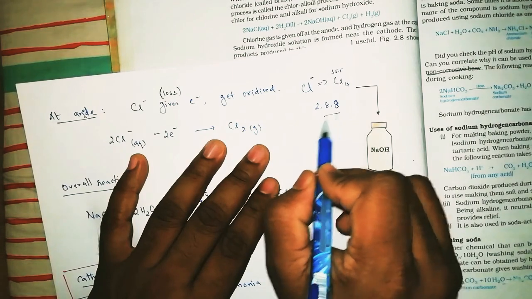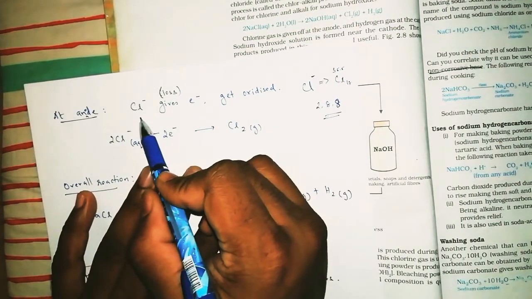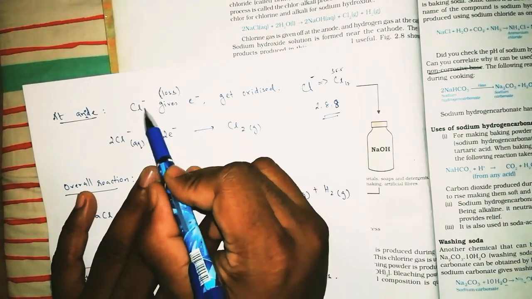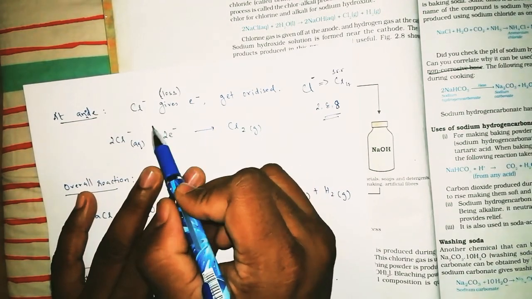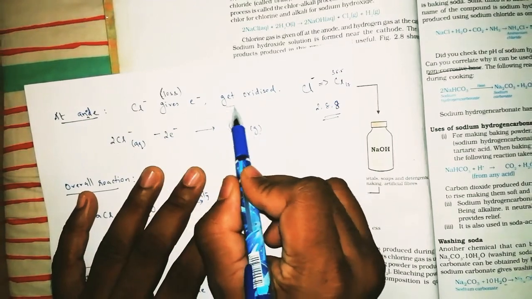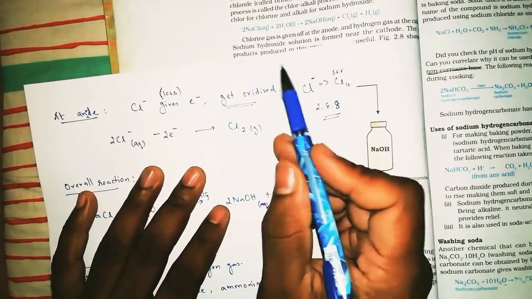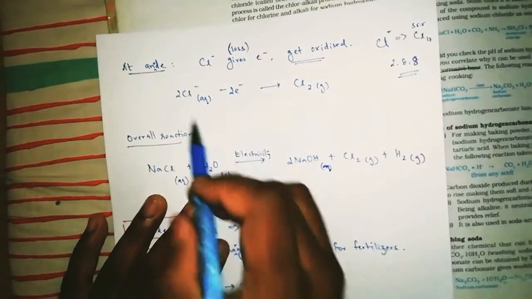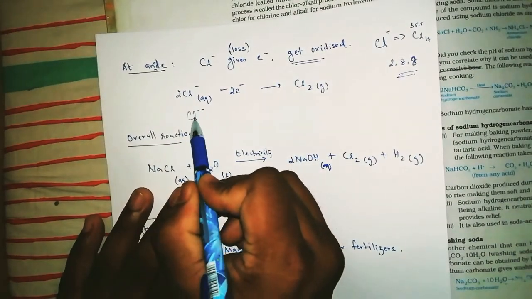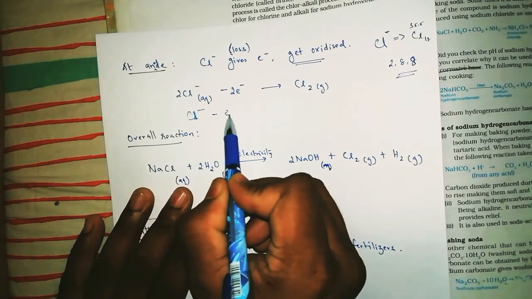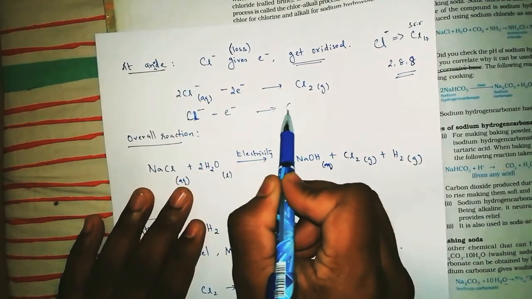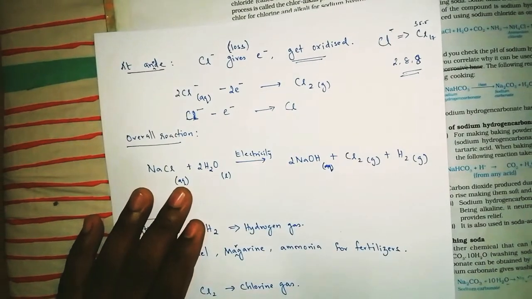So what happens here? Chlorine is giving out 1 electron, losing an electron. Losing का मतलब oxidation, gaining का मतलब reduction, right? So when chlorine loses an electron, this is Cl minus, loses an electron and it becomes normal chlorine.